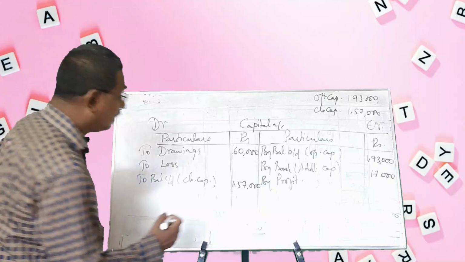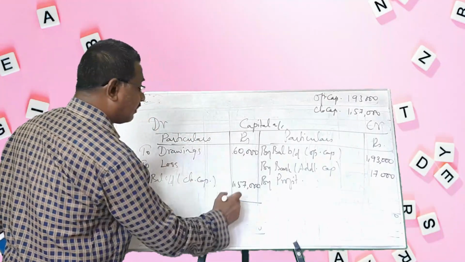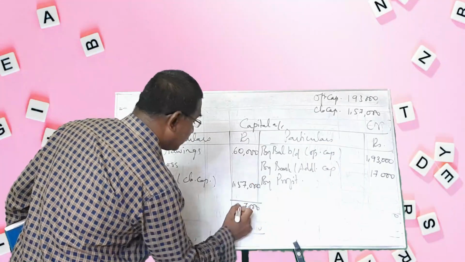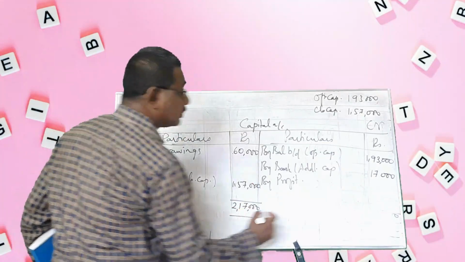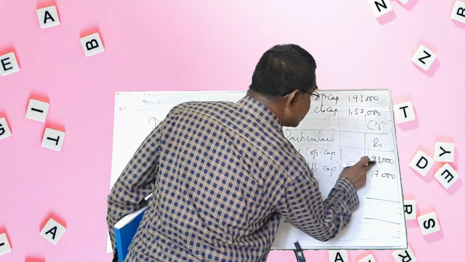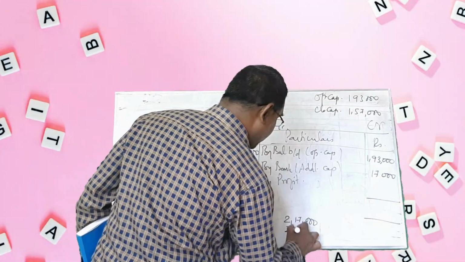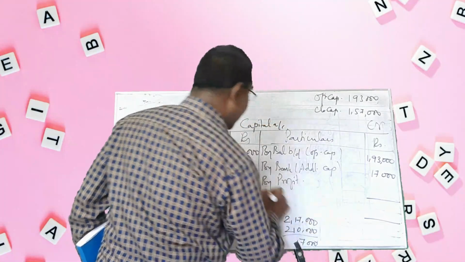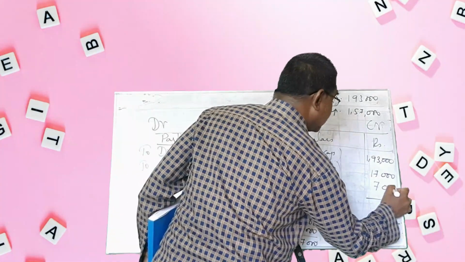So first find the total of these. 7, 2,17,000. This one comes to 2,17,000 and that total comes to 2,10,000. And the difference is just 7,000 and that is the profit, 7,000.